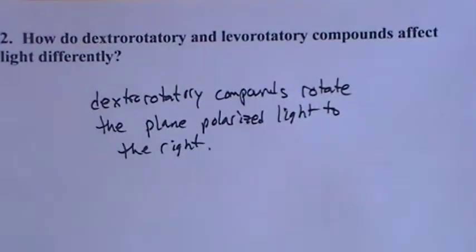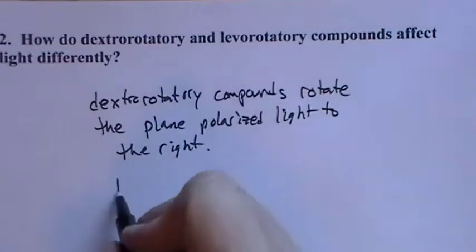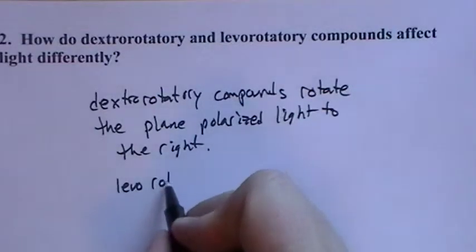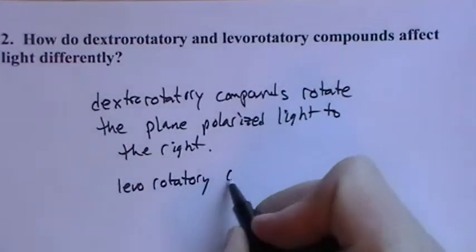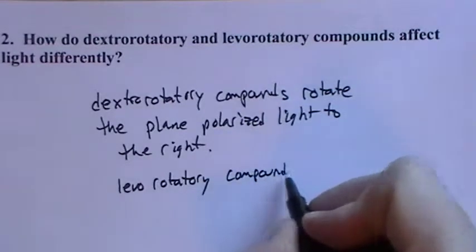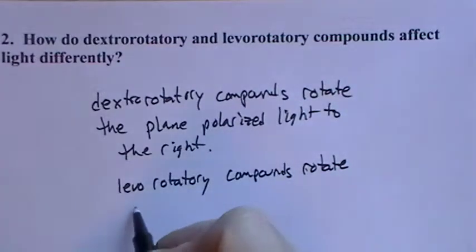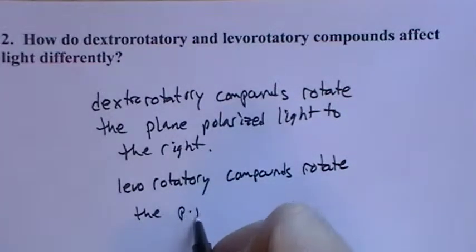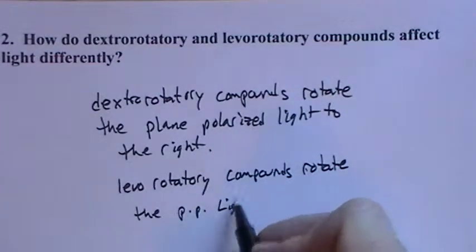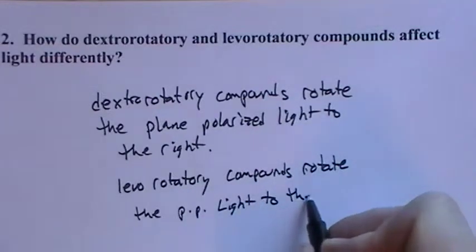So that would be the one compound, and then its enantiomer would rotate the plane polarized light to the left.